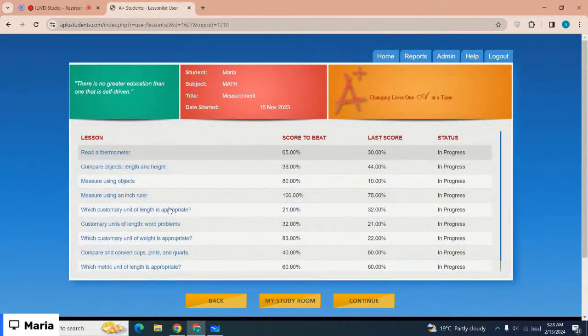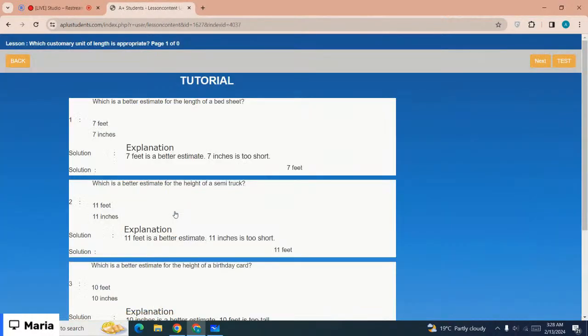So let's just start with which is a better estimate for the length of a bed sheet. You are given two options, 7 feet and 7 inches. Basically, feet and inches both are units to measure length, right?